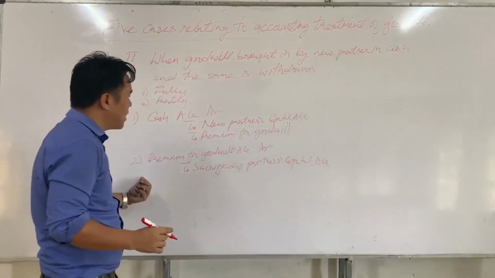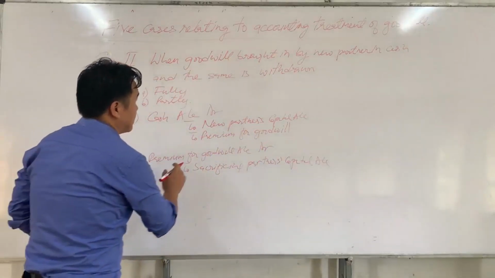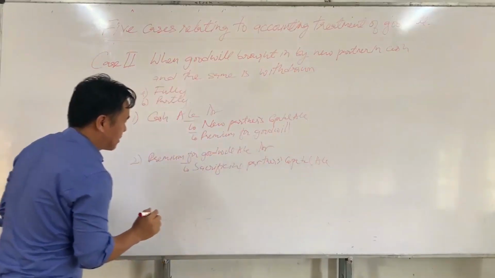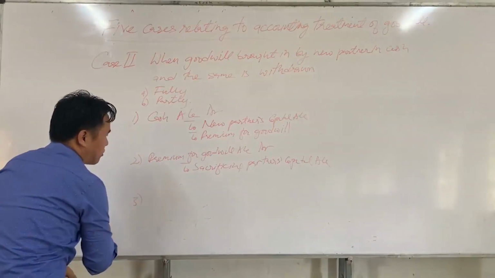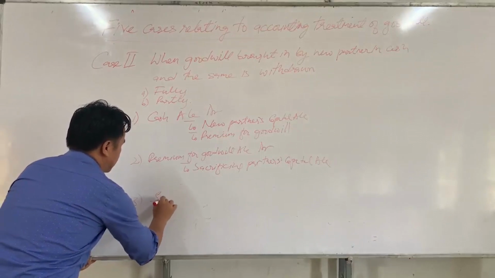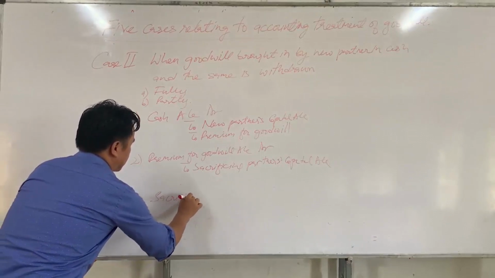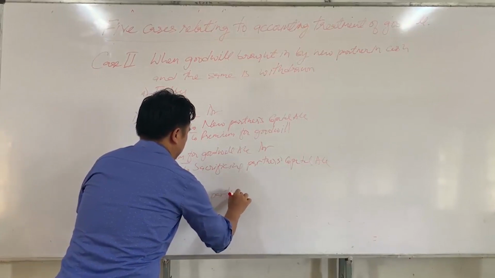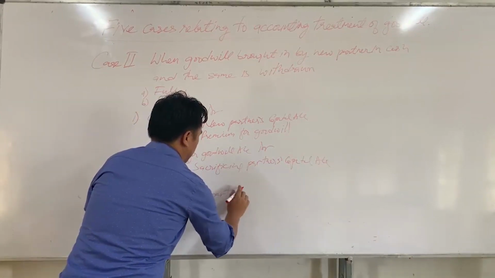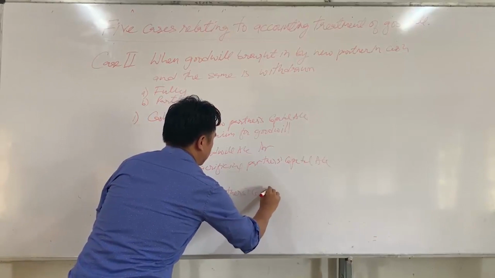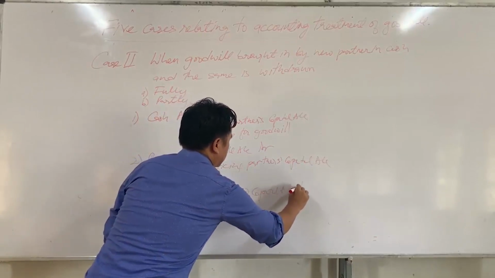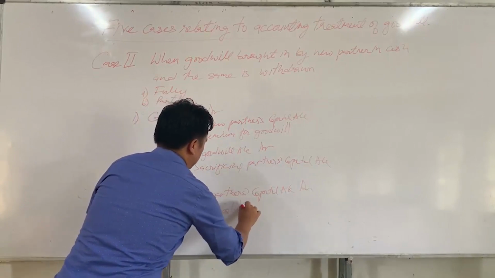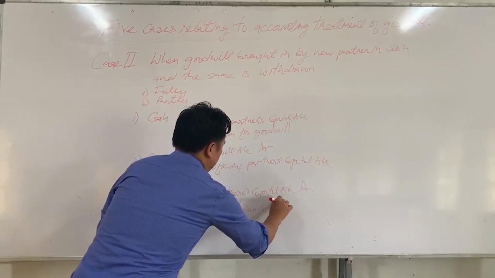So here we have to pass one more entry regarding the premium withdrawn by sacrificing partners. The third journal entry is: sacrificing partners' capital account Dr to cash or bank account.